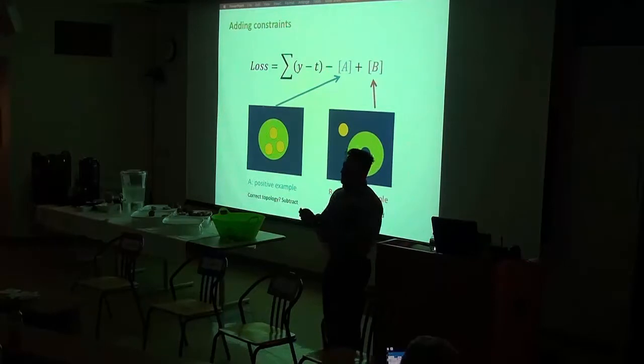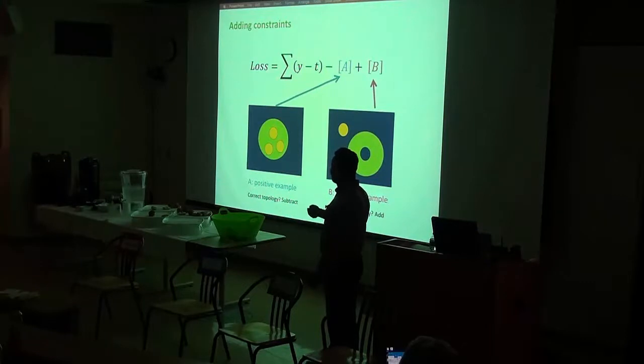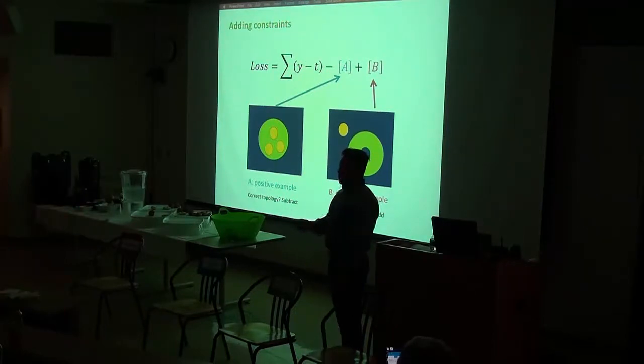So what we were trying to do was to modify my loss function. This is what the network tries to optimize. Usually the loss function compares your prediction y here to the ground truth, and there's some function here that compares these two. And this is pixel-wise. But what if I impose topological constraints?